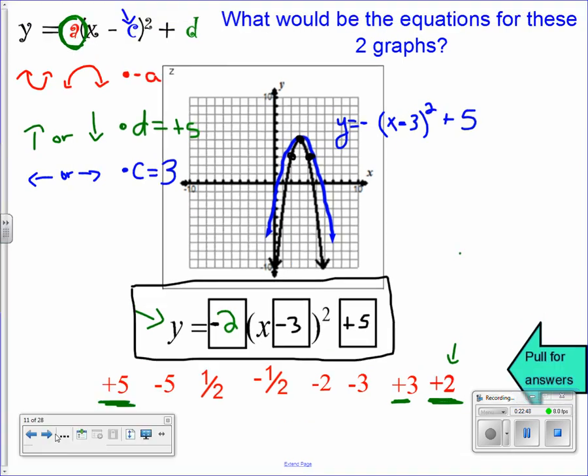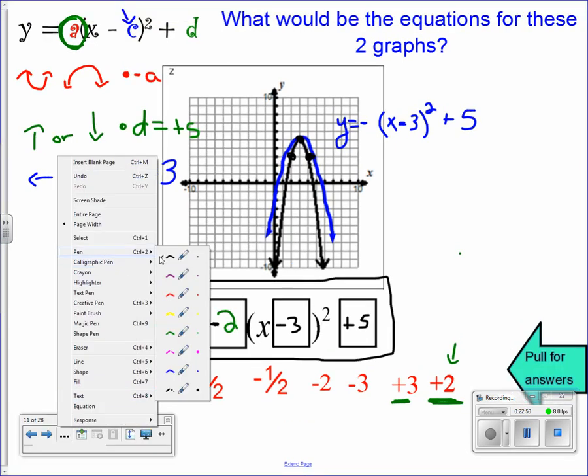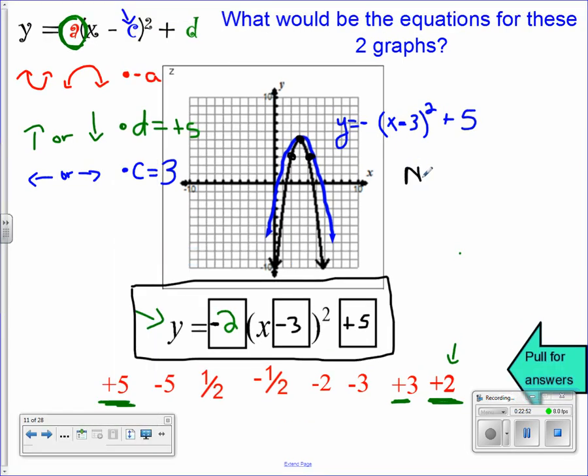And let me go ahead and write that there to summarize. With the new information, it got skinnier, or what we call taller, or in fancy math language, it was a vertical expansion.